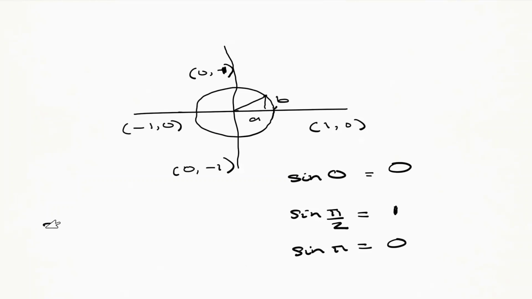And the sine of 3 pi on 2 is -1. Right? Coming back to here. And then we make the full revolution and we find that the sine of 2 pi is 0.